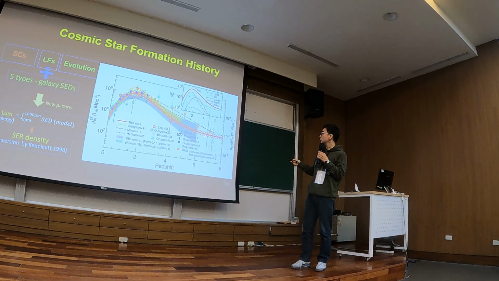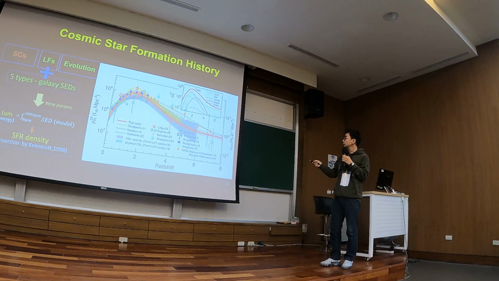This is our model, and we compared with previous works: the red region is Gruppioni et al. 2021, our comparison study, and also Madau 2014 here, and Harikane et al. 2022. Our model looks consistent with Gruppioni et al.